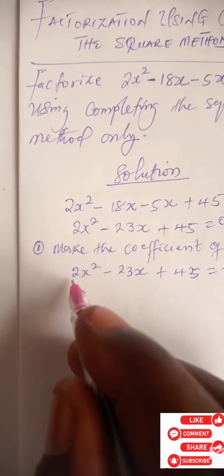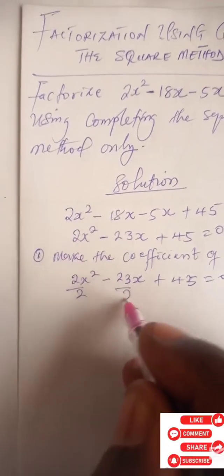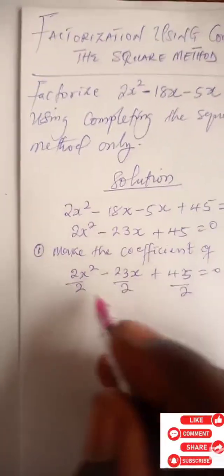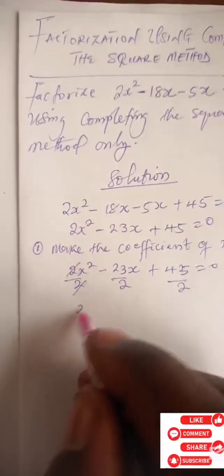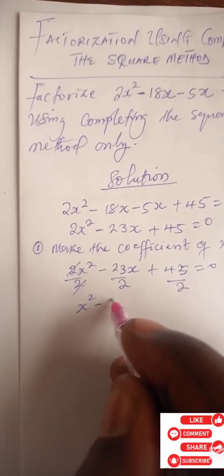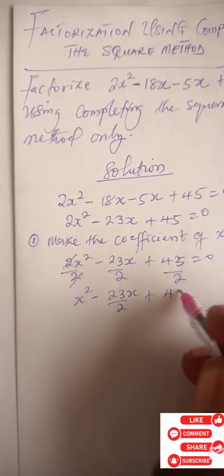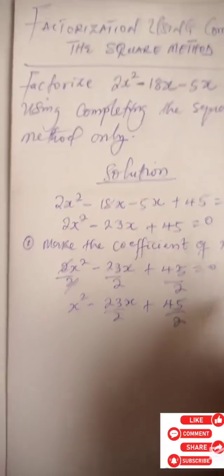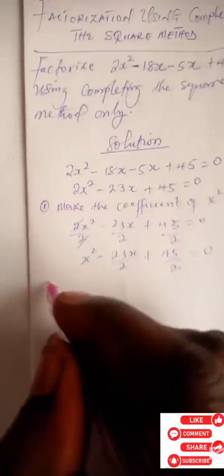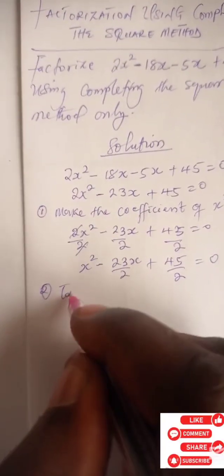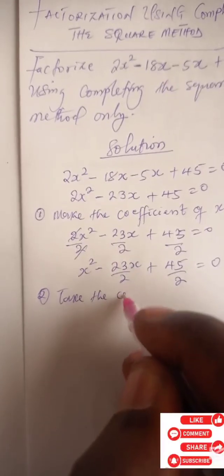And the coefficient of x squared here is 2, so we divide by 2, divide by 2, divide by 2. So this will take away this. We have x squared minus 23x over 2, then plus 45 over 2, and it's equals to what? 0.